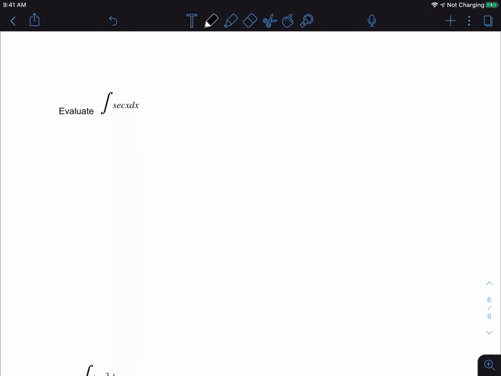So in this example, I want to generate something that can be u'd out. So what I'm going to do is go secant of x, and then multiply that by secant of x plus tangent of x over secant of x plus tangent of x dx.